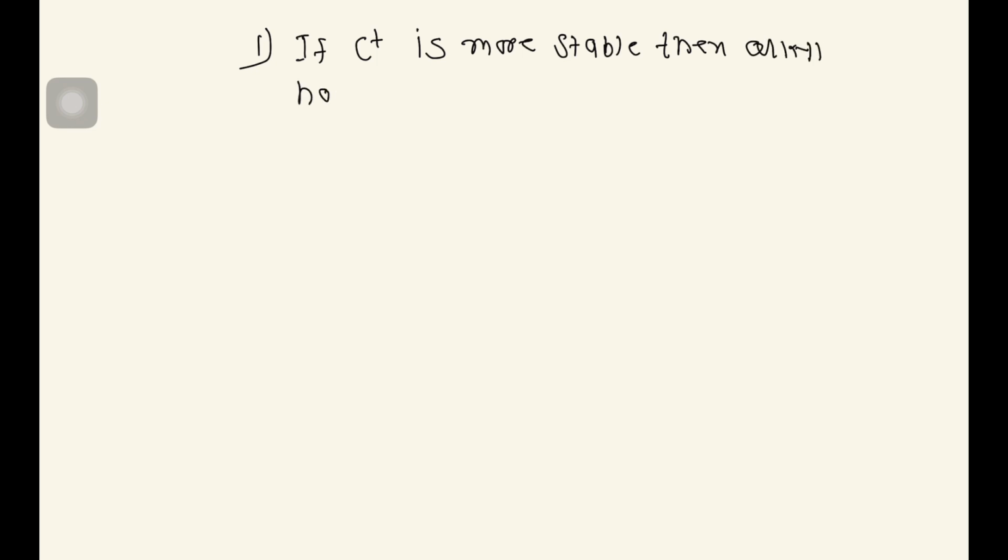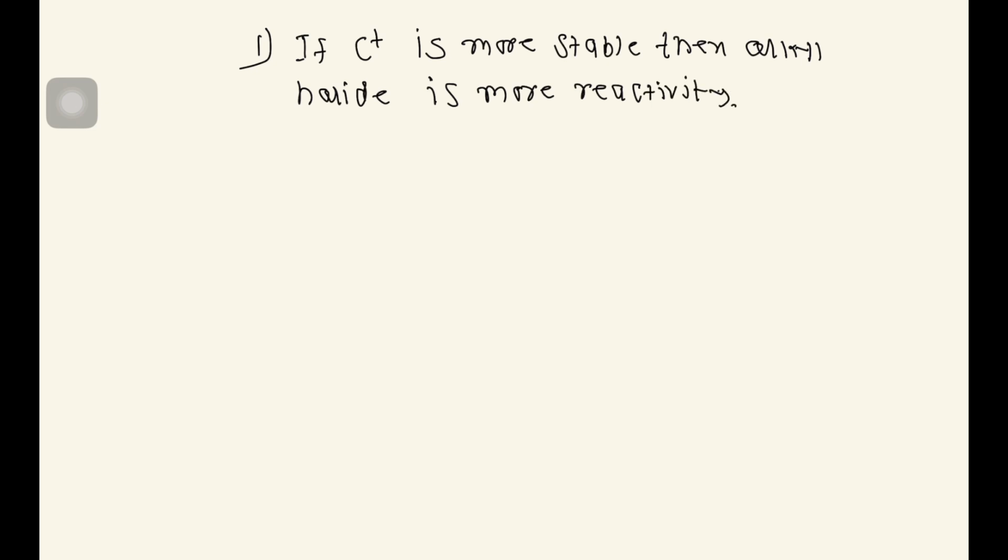So here, reactivity of alkyl halides. Simply you can say reactivity of alkyl halide. You can see step first: if carbocation is more stable, then alkyl halide is more reactive.